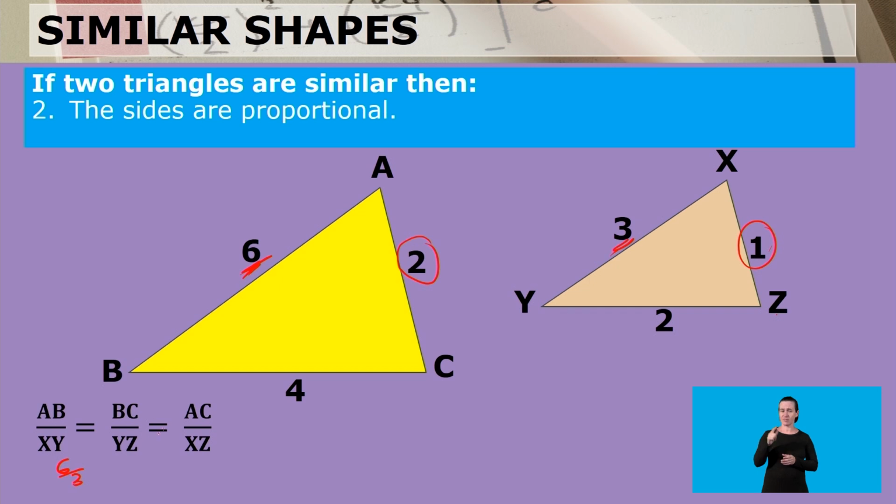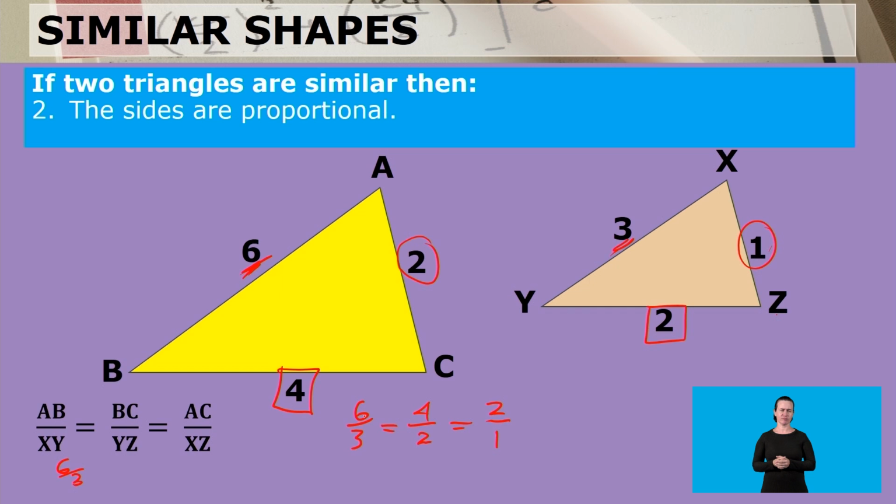And then we look at the next one. 6 divided by 3 is equal to side BC, which gives us 4, divided by side YZ, which gives us 2, equal to 4 divided by 2, and equal to AC, which is 2, divided by XZ, which is 1.